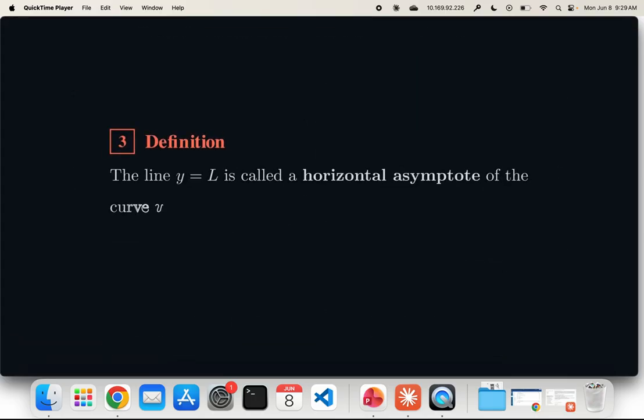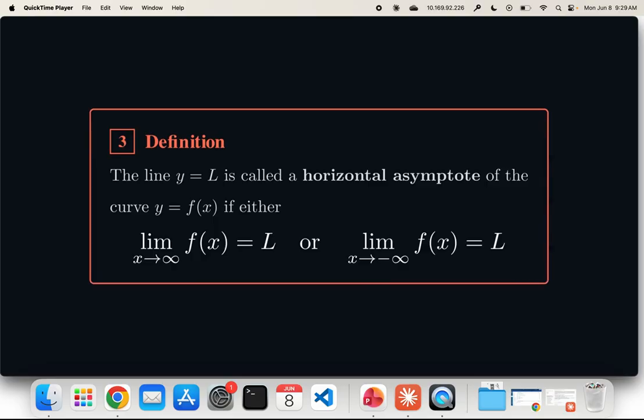And so this is our formal definition, which we mentioned earlier: the horizontal line y is L is a horizontal asymptote of the function f of x if either the limit as x approaches infinity is L, or the limit as x approaches negative infinity is L. So either you approach L going to positive infinity or negative infinity. In either of these cases, we say that the line y is L is a horizontal asymptote.